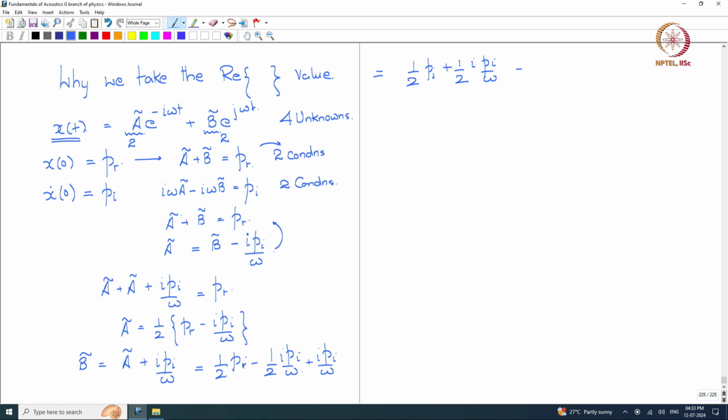That is equal to a tilde conjugate, that is equal to b tilde.